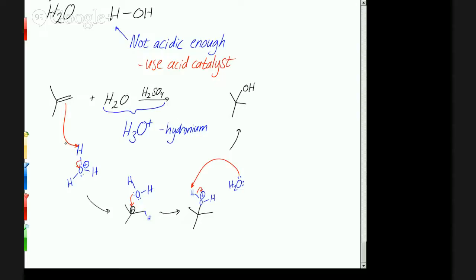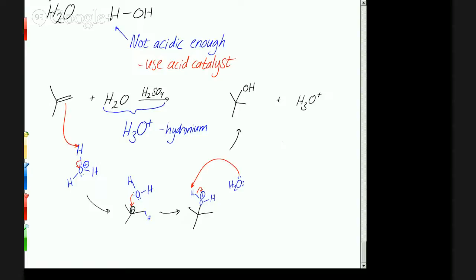It's just more of the water that was in the reaction, the solution. If we did our reaction in a different solvent, like ethanol or something, then we would put that as grabbing the hydrogen. Okay, so one thing that we form then in the product is this alcohol, and then the byproduct would be more hydronium.